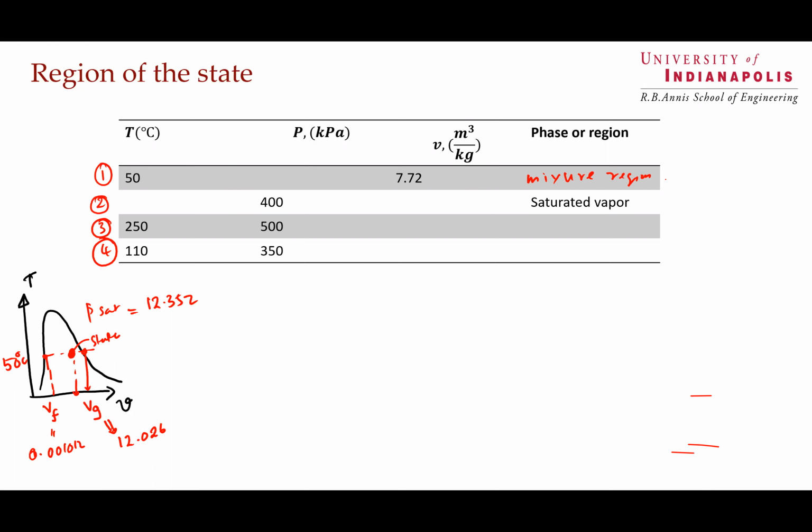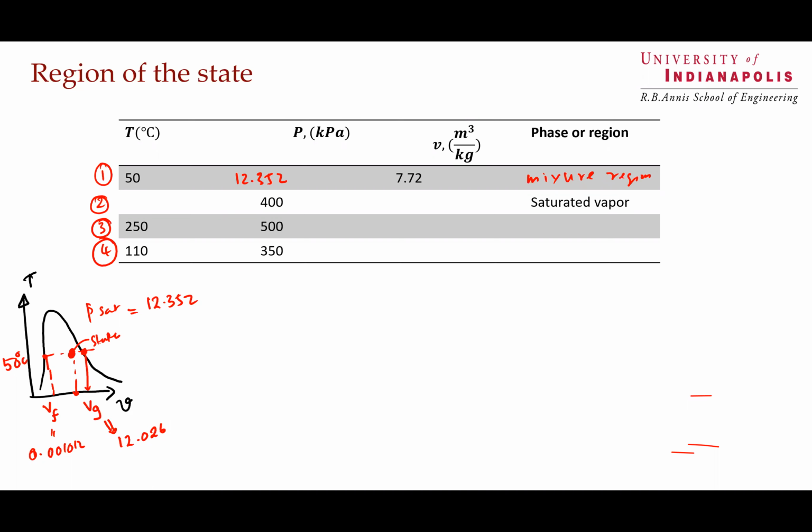And you have pressure, we found that 12.352, because we know that it's in the saturated region. This is how we find where the state is. If you have further questions, please don't hesitate to ask.